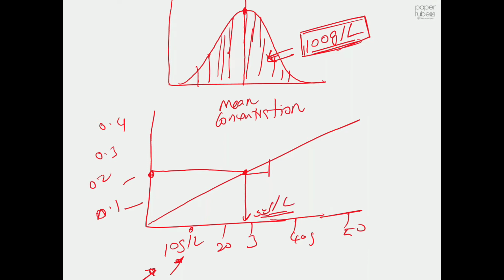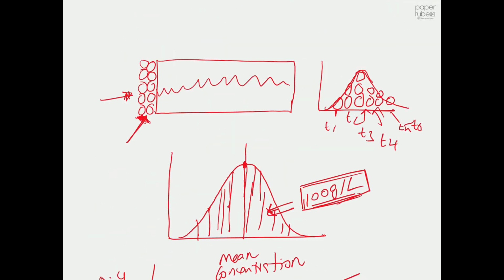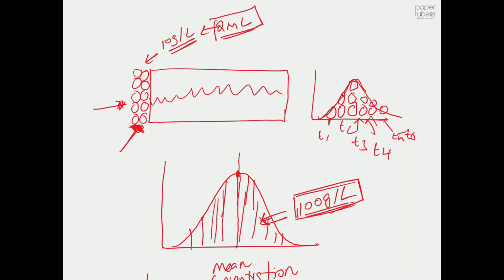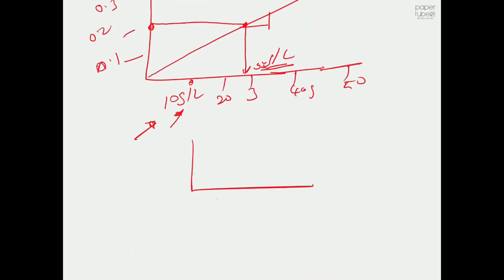But when we are using column chromatography, we inject a pure compound A, say some 10 grams per liter. Let's assume we injected 2 ml, and then whatever distribution we get at the outlet, we take the area under this curve, and we relate that area under the curve to the concentration. So you plot area under the curve on the x-axis and concentration on the y-axis.